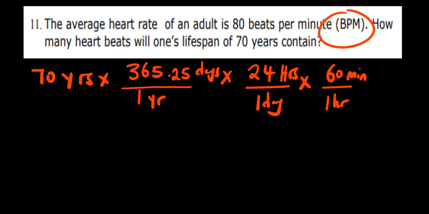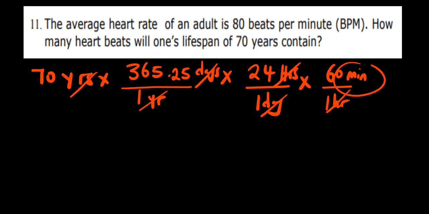Okay, how many beats will it be? So what do we do? I can cancel the hour and the hour. I can cancel the day and the day. Okay, the year and the year. Now I've remained with minutes. So what do we do? We're just multiplying what is on top.